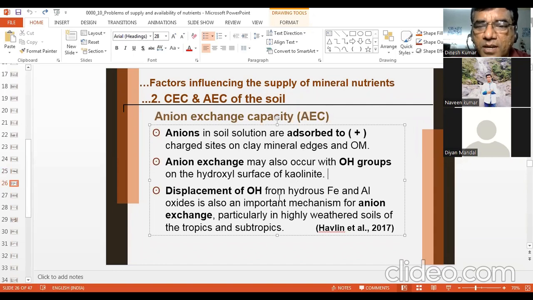Displacement of hydroxyl from hydrous aluminum and iron oxide is also an important mechanism for anion exchange. They can act as colloids from hydrous iron and aluminum oxides, particularly in highly weathered soils of the tropics and subtropics.